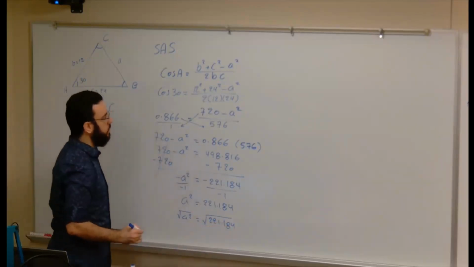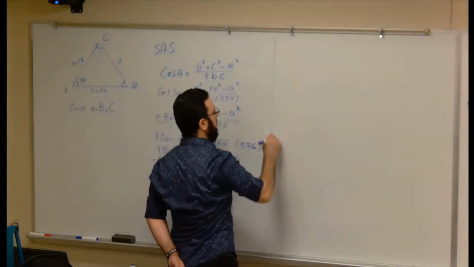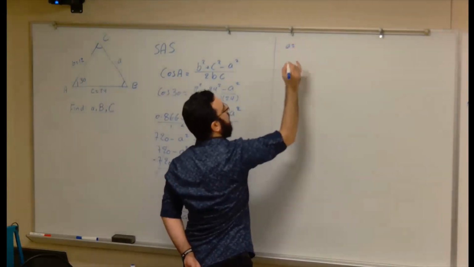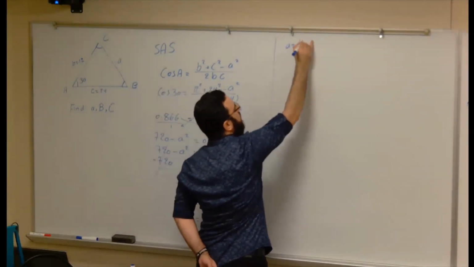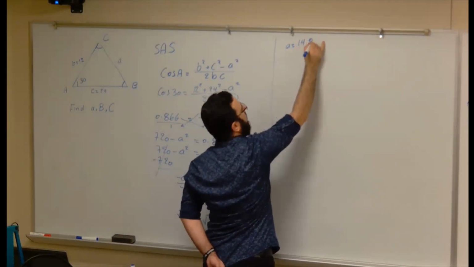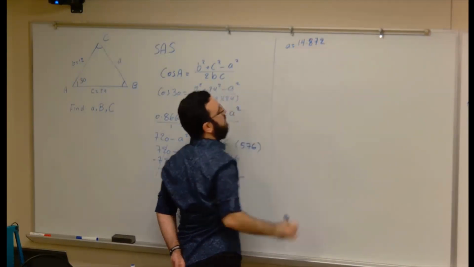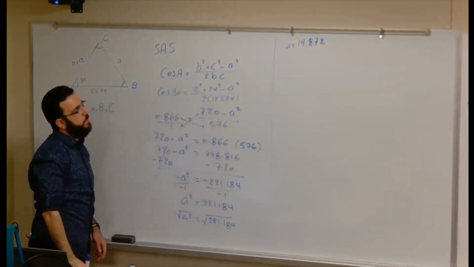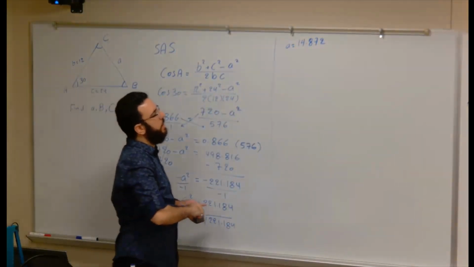Now, how much is A? 14.872. Perfect. Let's say 14.87, I'm going to round the number.